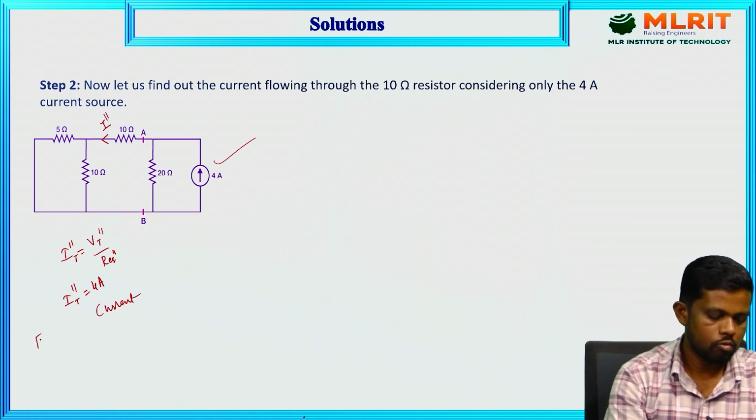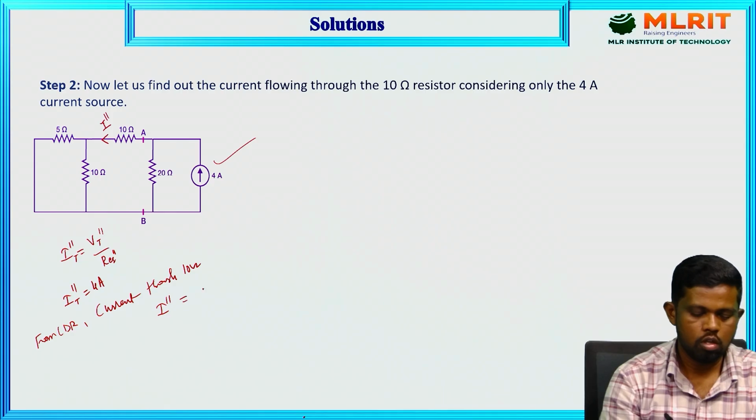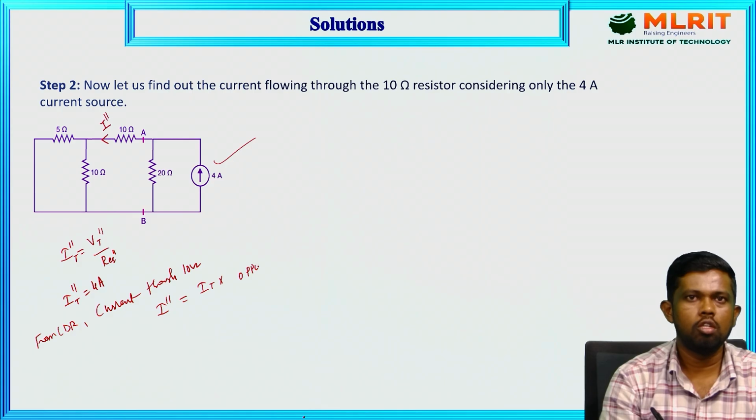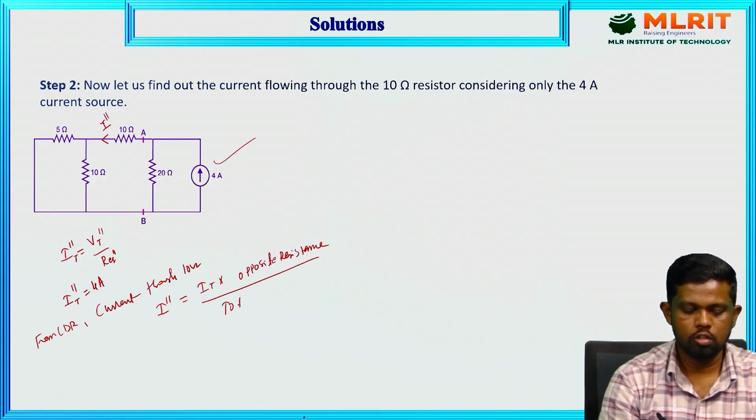From the current division rule, the current through the 10 ohm resistor, I double dash, equals the total current of the circuit into the opposite resistance upon the total resistance.